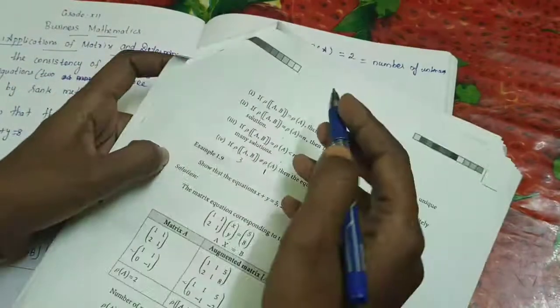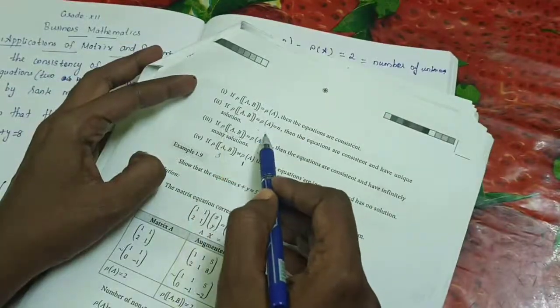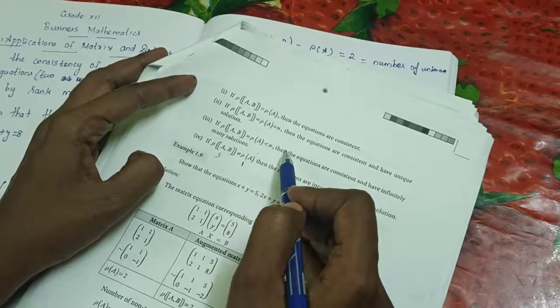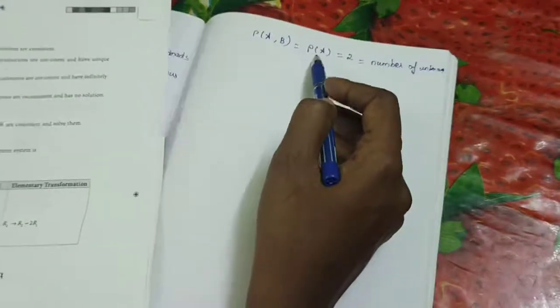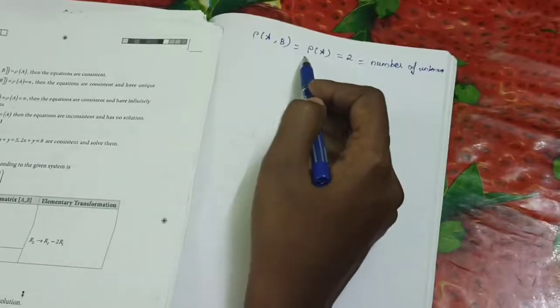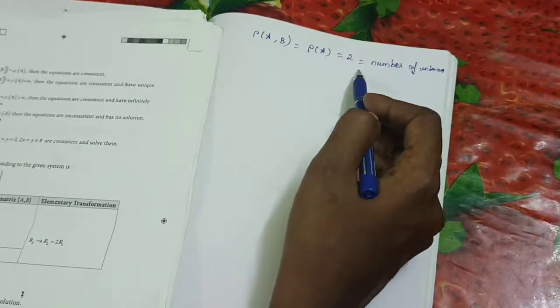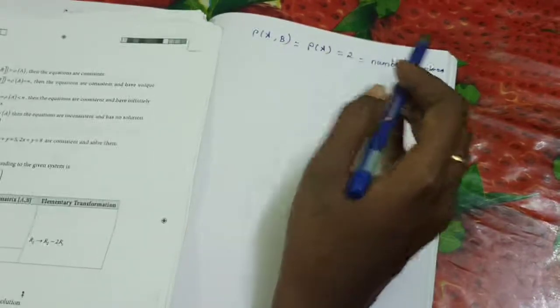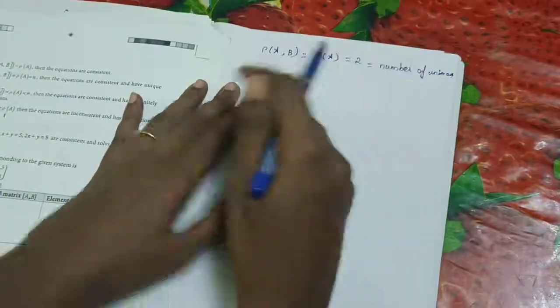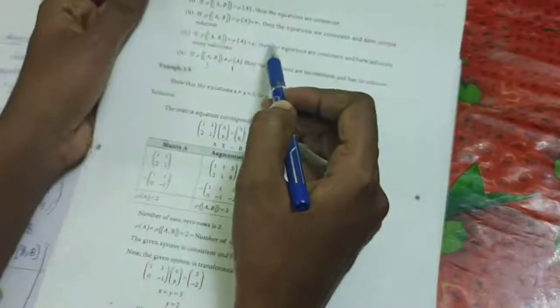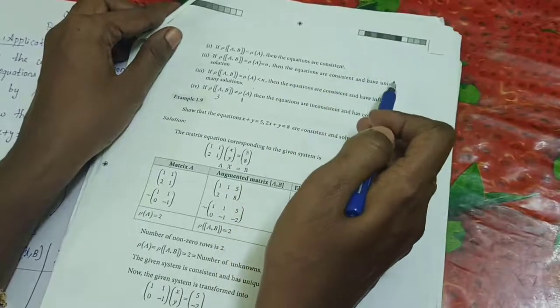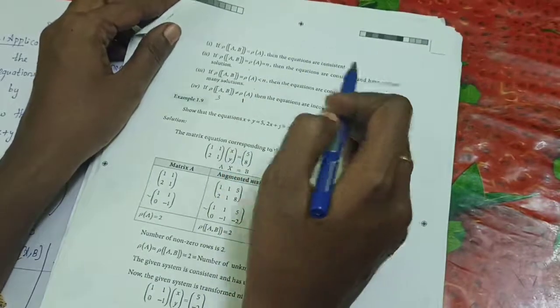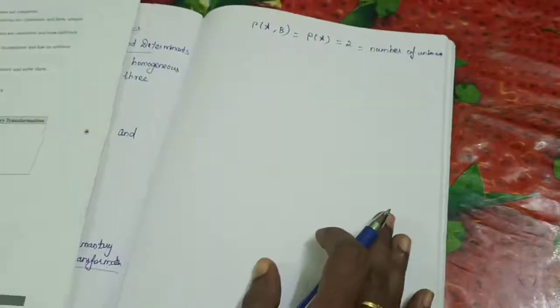Okay. I have explained here. The rank of A comma B value is equal to the rank of A, equal to n. This condition: the rank of A comma B is equal to the rank of A, both equal to n, that is equal to 2, same as the number of unknowns. Hence, what do we come to know? Then the equations are consistent and have a unique solution. You are going to write that.